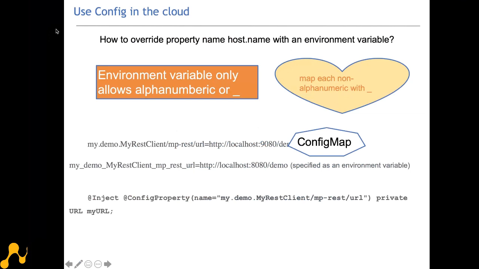In the MicroProfile config implementation, when it's trying to look up the value in the environment variable, it will look up the property with the mapped name. So if you specify a value like this one in your environment variable, this localhost:8080/demo will be injected into my URL.